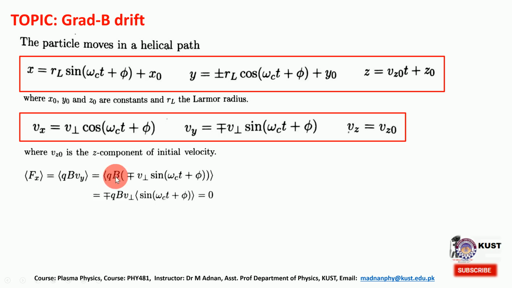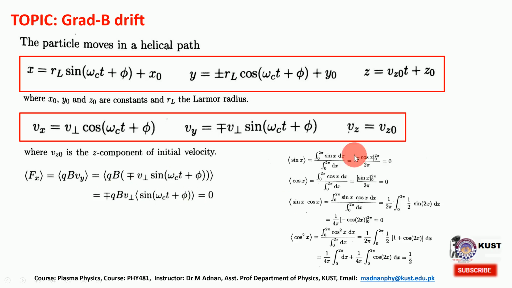So this is constant, this is also constant, this V perp is constant, and this is the periodic function sine, and for that we need to consult this handy conversion. That is, if we are interested in the average value of sine x, we need to evaluate it like this, and this comes out to be 0 per cycle. The sine x goes to 0.